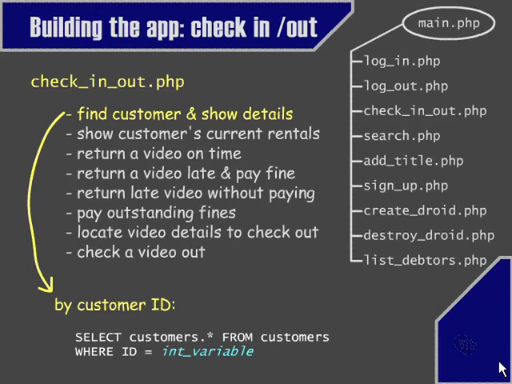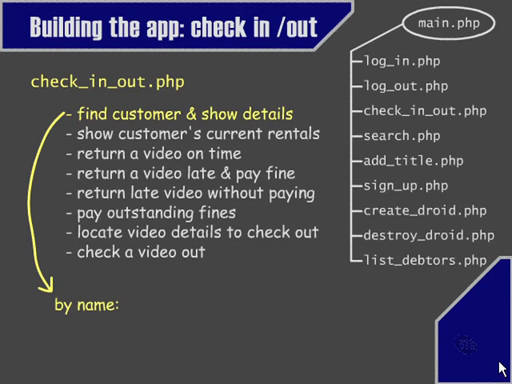We select all the columns from the customers table and we use as a criteria for selection the ID. Here, as you can see, we've used a variable within the script. This is an application variable, and I've shown all these in light blue and in italics to show that this is not actually part of the SQL query, but something that will have to be replaced by the application itself.